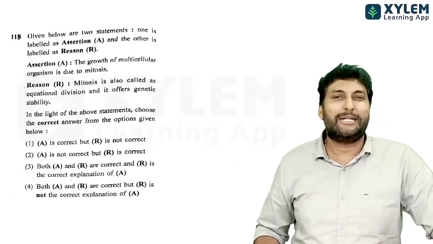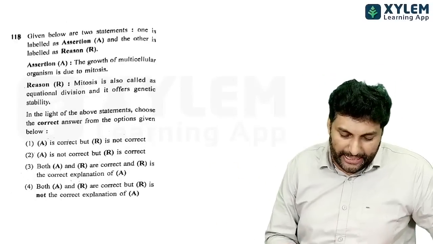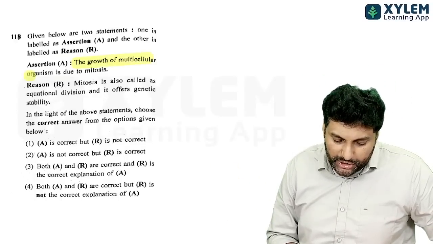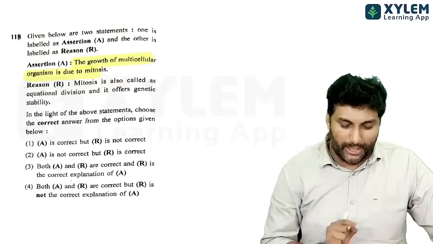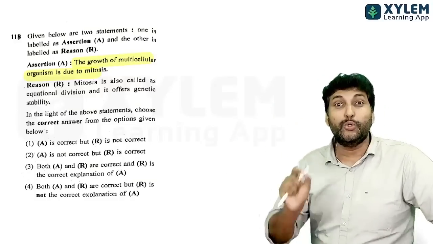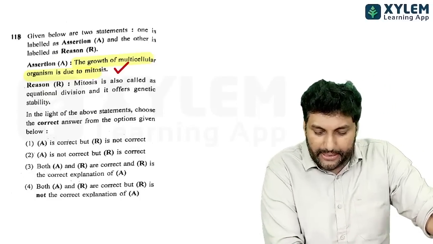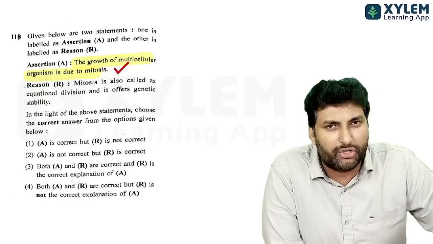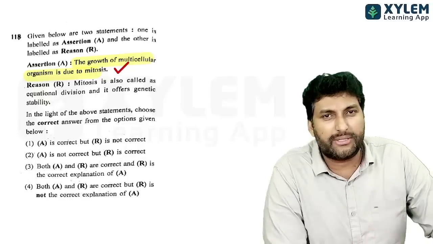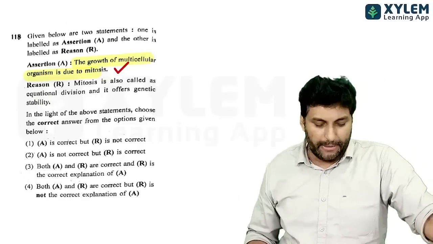Again, an assertion reason based question. Let's move to the assertion. They're telling that the growth of multicellular organisms is due to mitosis. Absolutely correct. The question came from cell cycle and cell division. In the significance of mitosis, it is very clearly given.